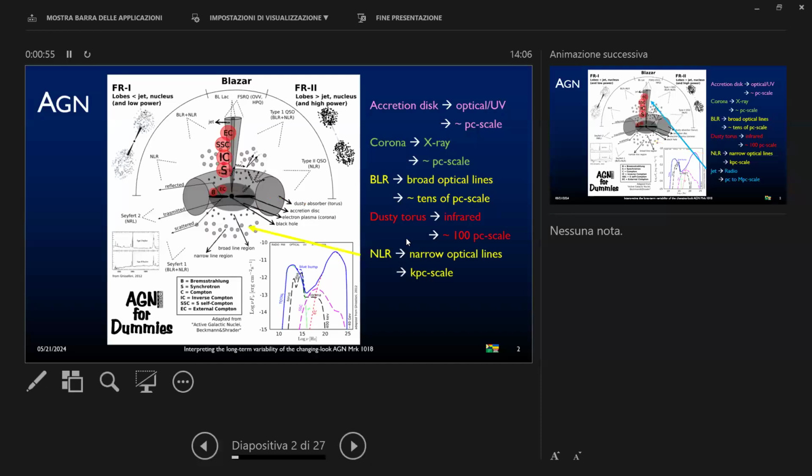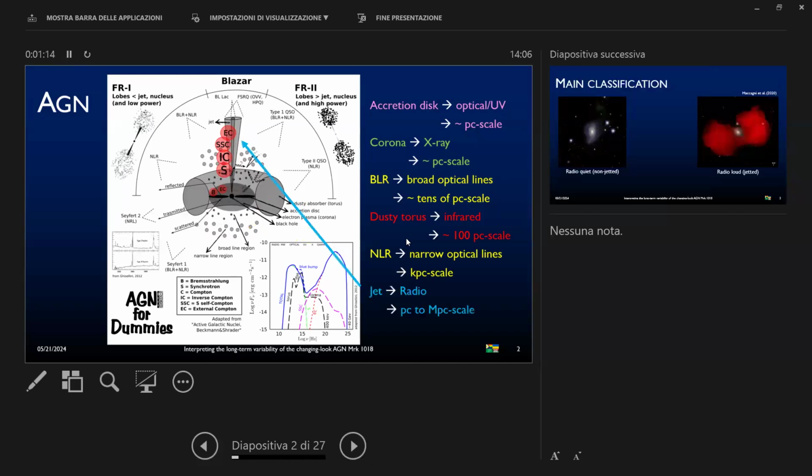And very far away from the supermassive black hole, we are now in the host galaxy, in the interstellar medium, and there we have the narrow line region where the emission from the accretion disk can still ionize the gas, but the line width is narrow because there is no orbital motion close to the supermassive black hole. And some AGN also possess a jet, which gives the radio emission, and the jet can propagate from parsec to megaparsec from the central engine.